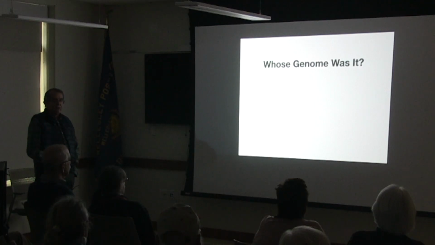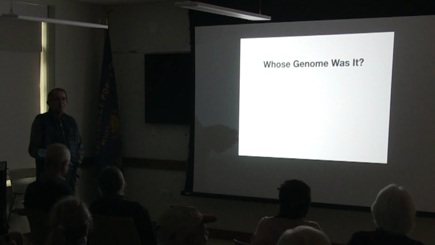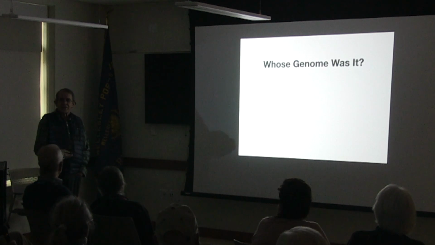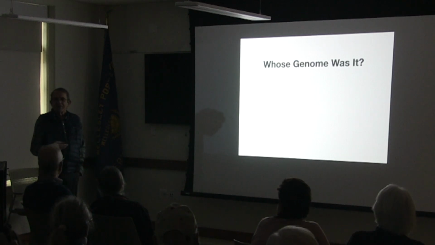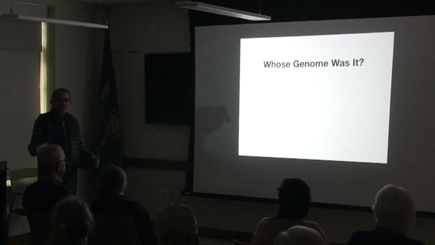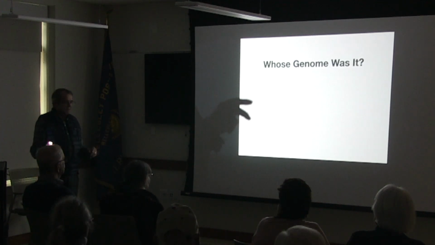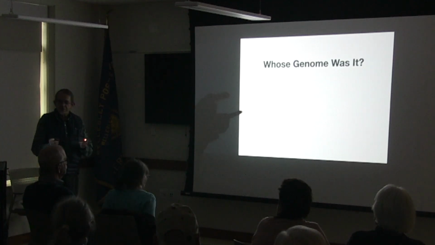Okay, you might wonder whose genome it was. Was it one person that they picked? There was some talk that it was Craig Venter's, and I bet you that a lot of the original draft was Craig Venter's, but they chose about 17 different people, 18, 20, I don't know the exact number, and it was kind of a mishmash of them.